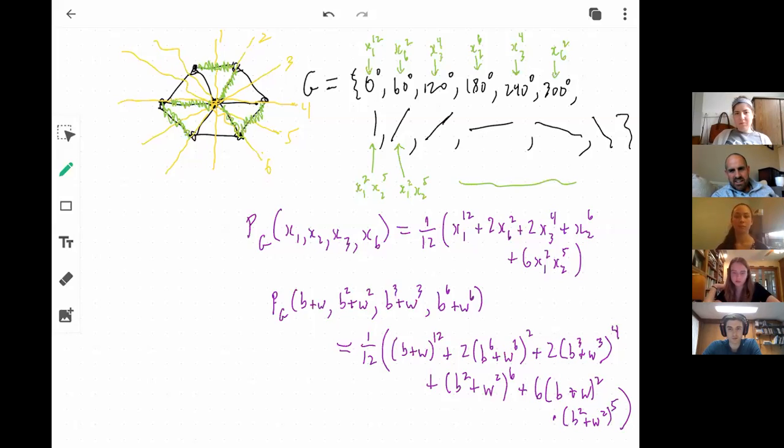If I asked you for the number of colorings, I have 12 edges, so if I wanted the number of colorings that have 6 black and 6 white, I would just have to extract the coefficient of b to the 6, w to the 6 from this thing. That would be very doable because you know the binomial theorem.